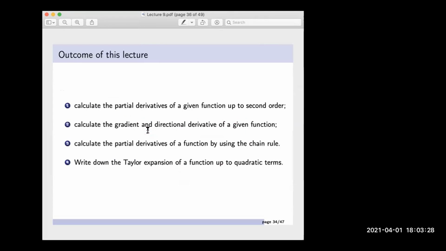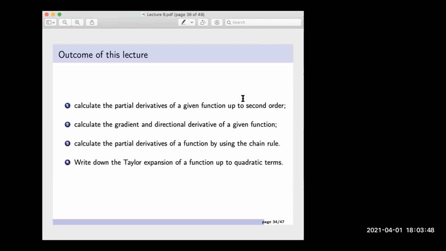To summarize, we have introduced a concept called partial derivative for functions of multiple variables, and we require you to be able to compute all the partial derivatives up to second order at least.